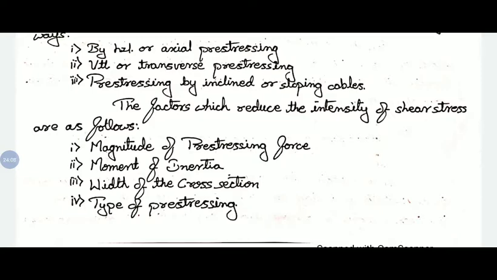So what are the factors which reduce the intensity of shear stress? The factors which affect the shear stresses in PSC members are how much pre-stressing force we apply to the beam, that is the magnitude of the pre-stressing force, the moment of inertia of the section, the width of the cross section, and the type of pre-stressing, whether it is a pre-tensioned member or a post-tensioned member.